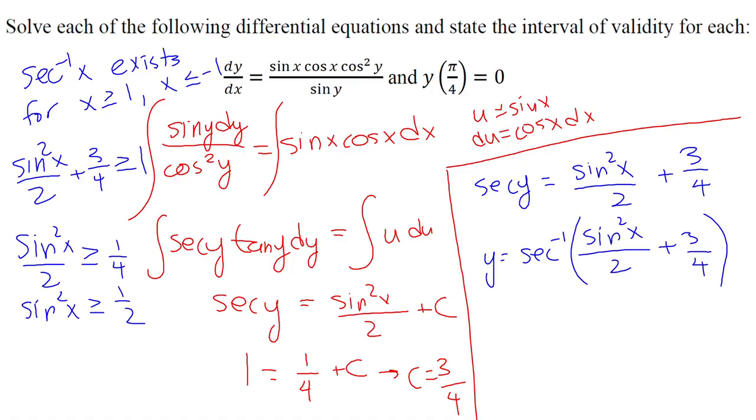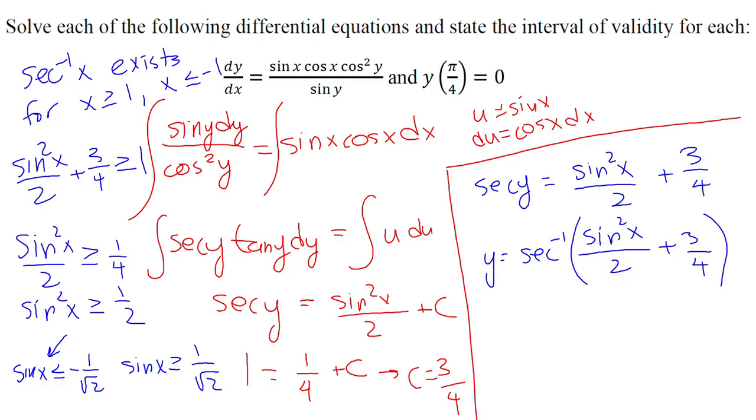And so if we want to figure out when is sine squared greater than or equal to 1/2, well, there's a couple of options here. One is either that the sine of x is less than or equal to -1 over root 2, or the sine of x is greater than or equal to +1 over root 2.